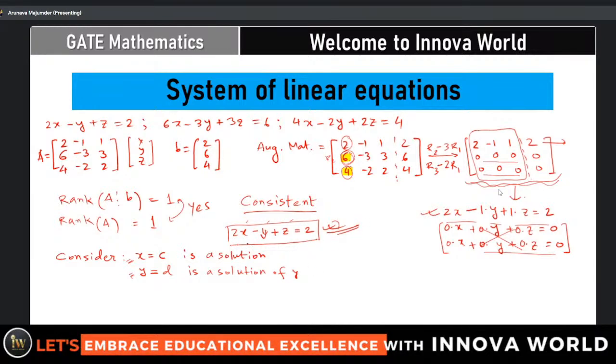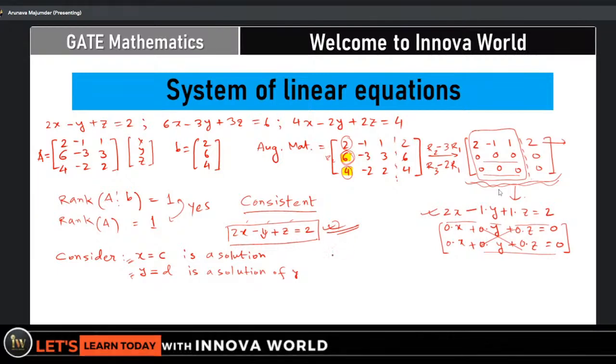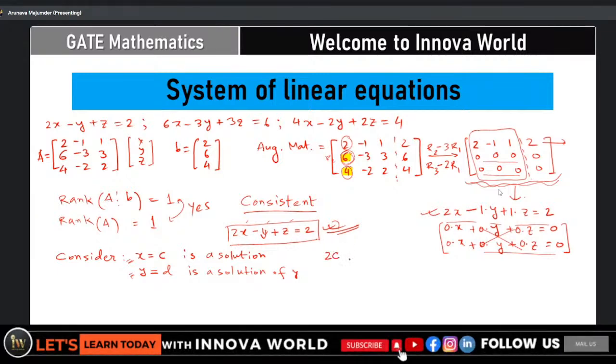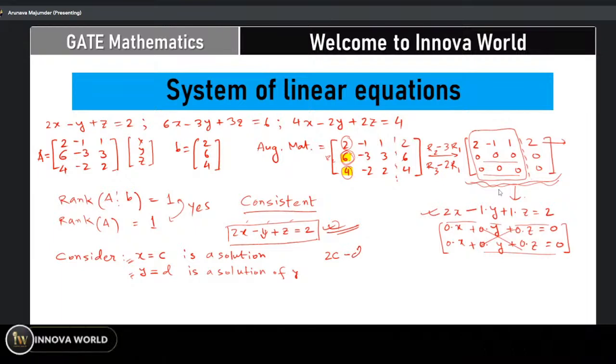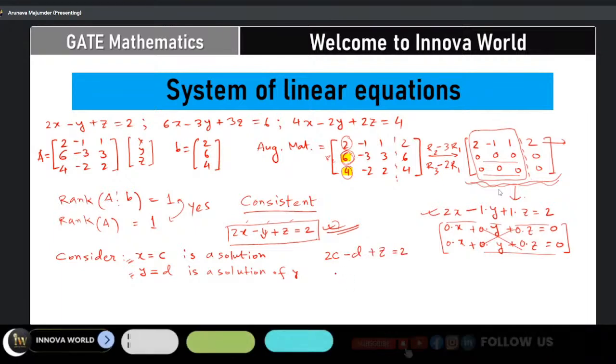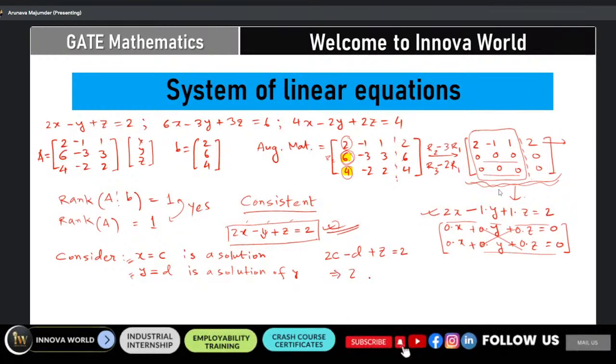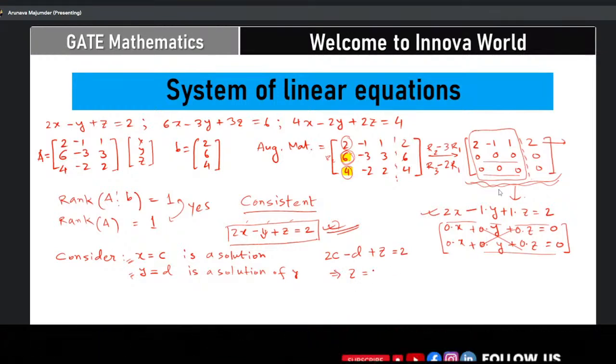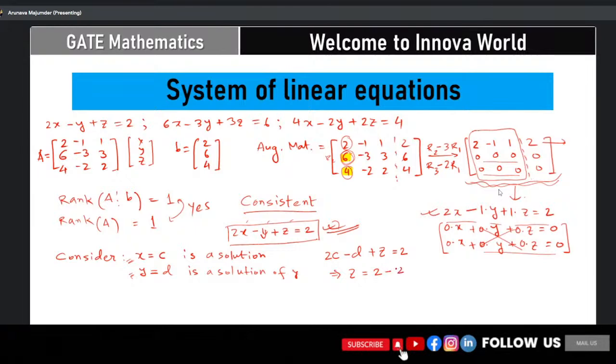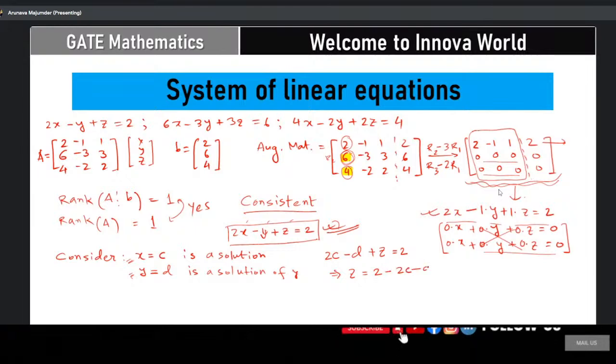Let us put the values of x and y in this equation: 2 into c minus d plus z is equal to 2. So what is the value of z? Now z equals 2 minus 2c plus d.